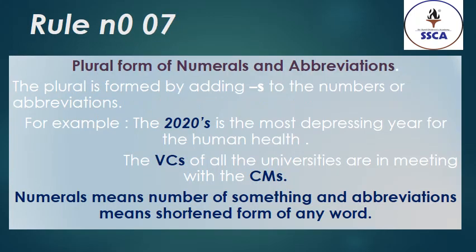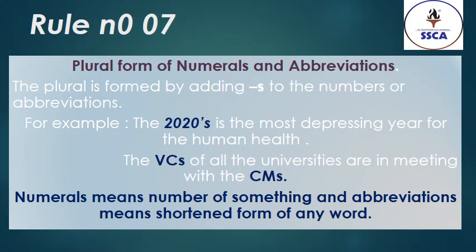Rule number 7: plural forms of numerals and abbreviations. Dear students, you must know numerals are numbers, meaning 20s, 90s; these are all called numerals. If we want to form the plural of numerals, we add S but with an apostrophe.